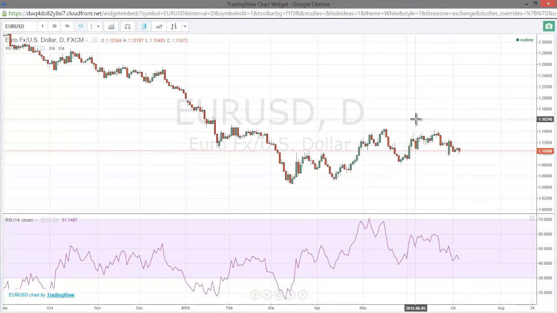So what does this do? It measures the ratio of up moves and down moves, and normalizes the ratio with a calculation, and then that calculation gets expressed in a range. The range goes from 0, which is down here somewhere, to 70 or probably greater if it's a very pushy one.